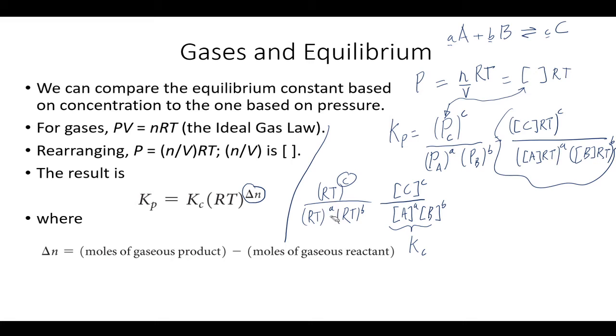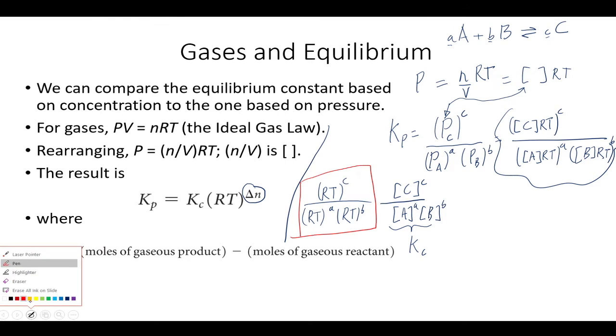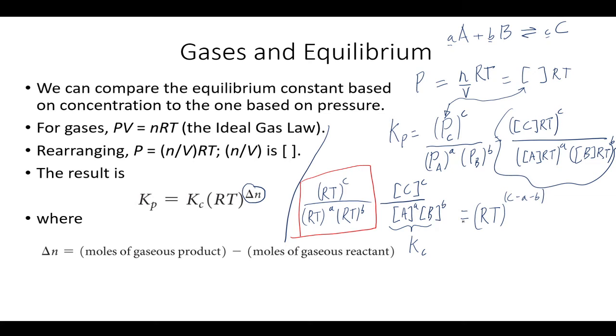So what I'm doing here is combining everything in the red box, because they're all the same RT, I can combine all of that to be RT to the power of C minus A minus B, which is the change in moles of gas from products to reactants.